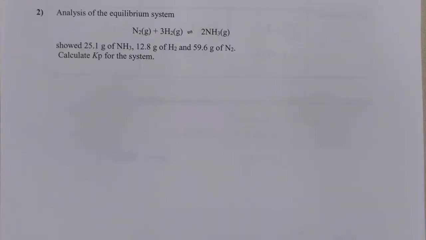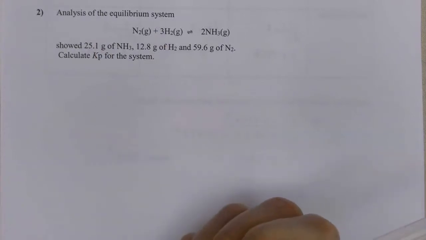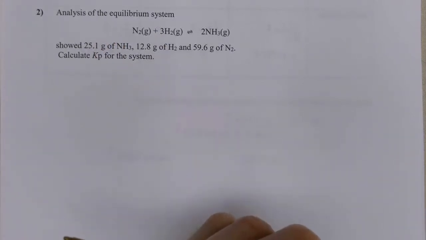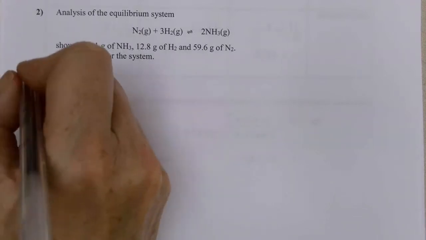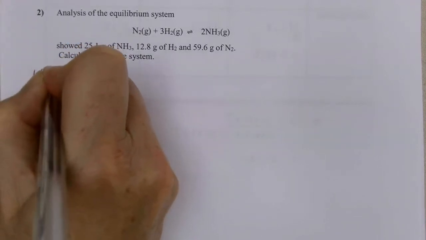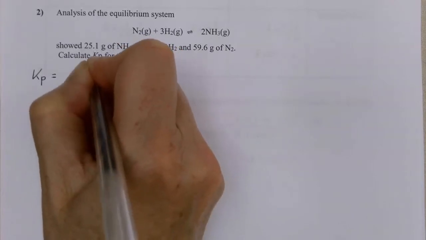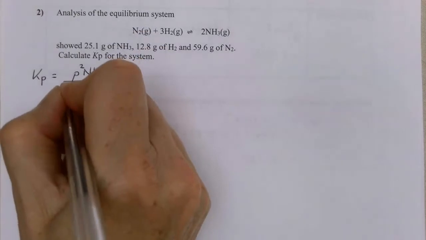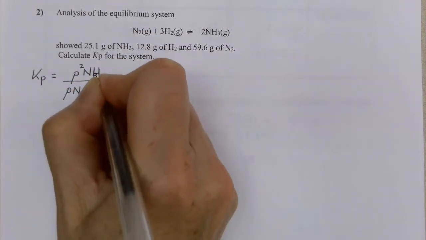Moving on to the second example, this is a little bit more complex because they've given us grams and we need to turn that grams into moles. But we should know this equation from lower sixth. Moles is mass divided by Mr. So we're going to again write out my Kp expression. So Kp equals the partial pressure of the ammonia, NH3 squared, divided by partial pressure of the nitrogen times the partial pressure of the hydrogen cubed.